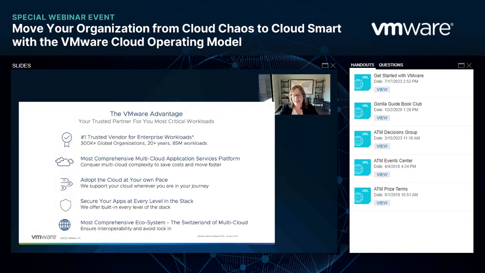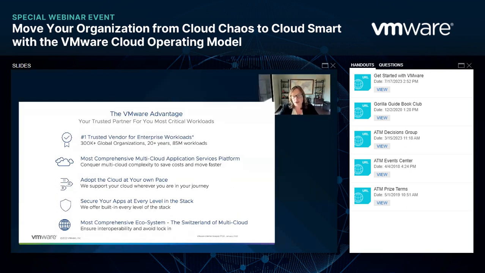And if we can take that knowledge and expertise and extend it across those hyperscalers, that just makes sense. We have the most comprehensive multi-cloud application services platform. So we can really help you reduce that multi-cloud complexity, as I've mentioned many times. Our solutions allow you to adopt the cloud at your own pace. So wherever you are in your cloud journey and whatever your application strategy looks like, we are there to support you in that.